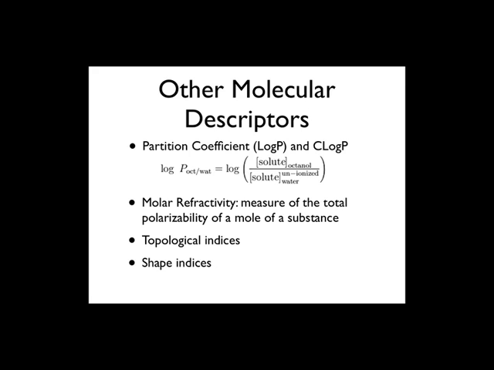The molecular refractivity, other topological indices and shape indices, and basically drugs which are good and can enter the body and get across membranes generally are within a well-defined range. And so there's certain rules of thumb. One is called Lipinski's Rule of 5, for example, which describes what a drug looks like in general if it's going to be able to get access to receptors.